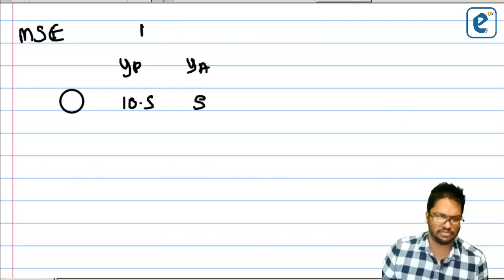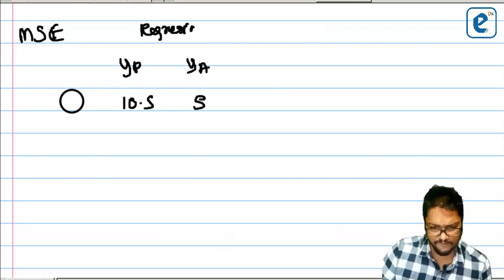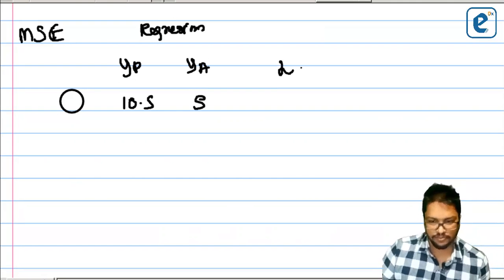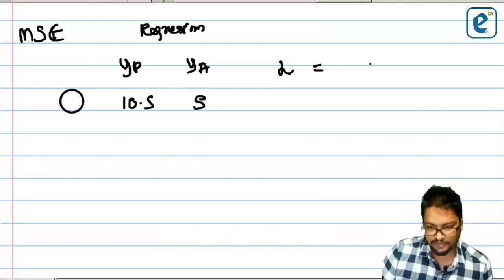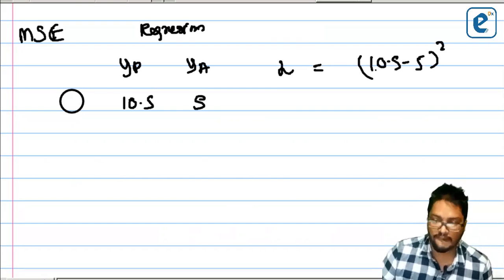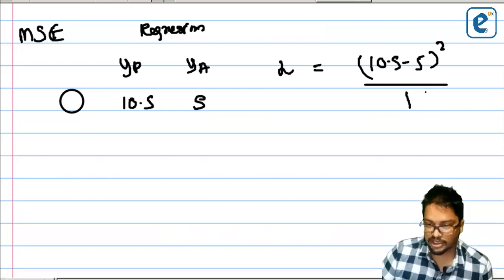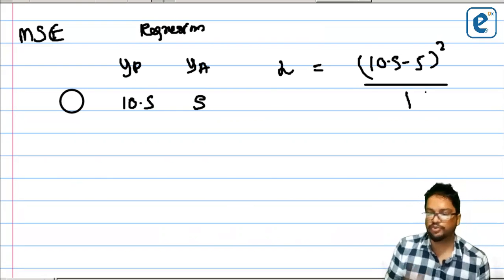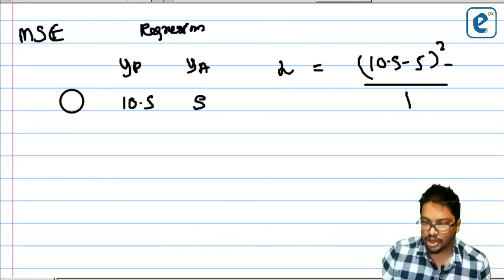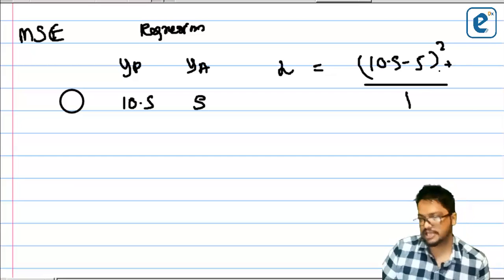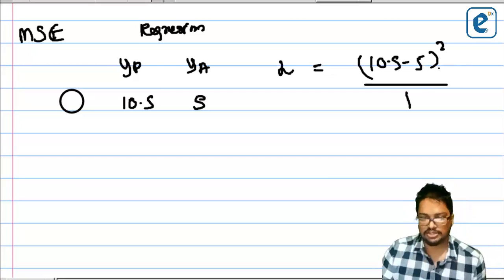This is a regression problem, and your loss or error will be (10.5 minus 5) squared. Here one neuron is there, so the mean is over 1. If you have 2 neurons, you divide by 2 and add the other loss as well. That's what you call the mean squared error.